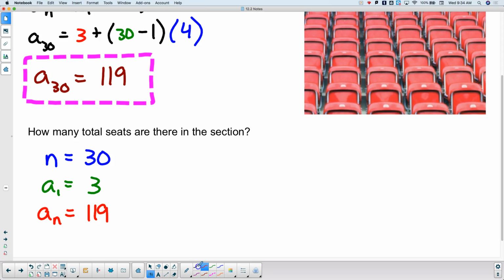So the sum of all the rows is going to be n divided by 2 times the first term plus the last term.